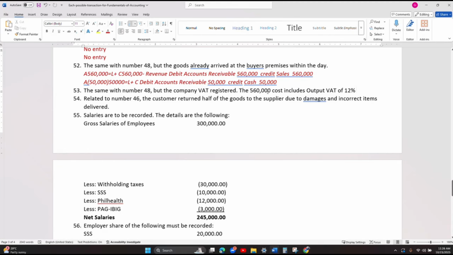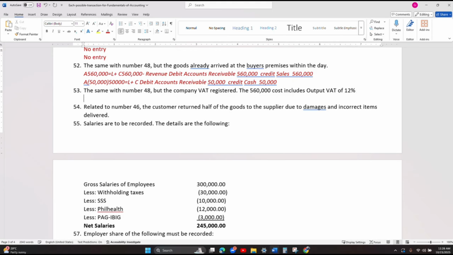The 560,000 includes output VAT of 12%. What will be your entry? Of course, the entry will still be the same with number 48. Again, the goods are already in transit and owned already by the buyer because the terms is FOB shipping point. So you have to recognize already accounts receivable 560,000 supposedly, and revenues 560,000.